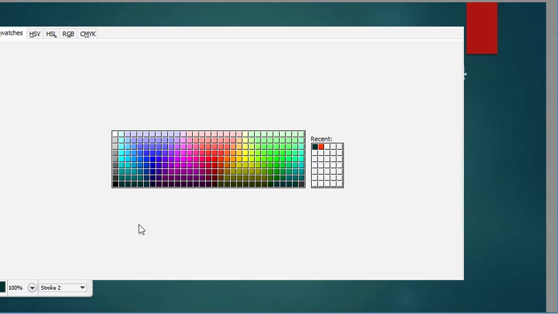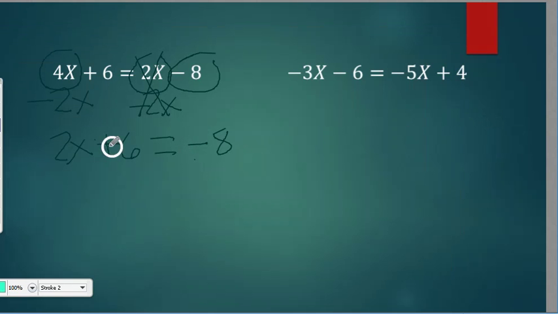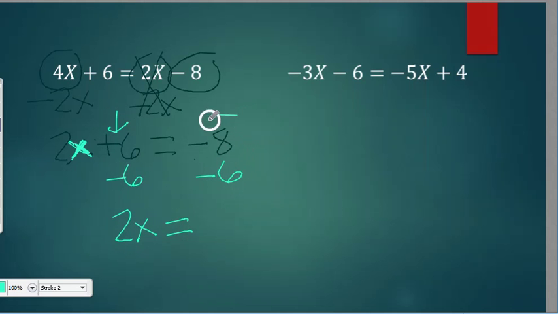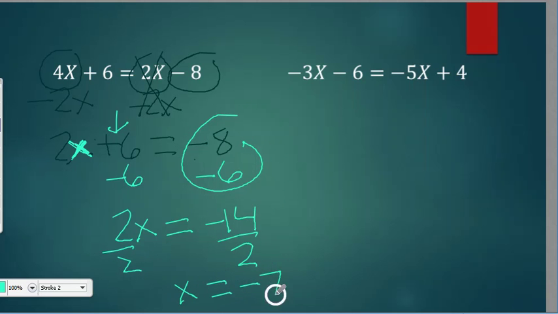So to get the x all by itself, we first have to get rid of the plus 6 by subtracting 6 on both sides, which leaves us with 2 times x equals negative 8 plus negative 6, which is negative 14. Then we would divide by 2 on both sides. x equals negative 7. That's our solution.